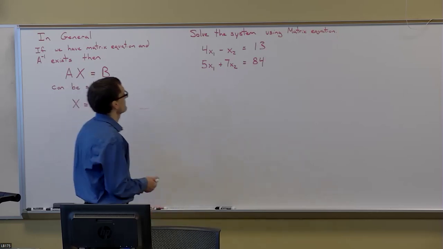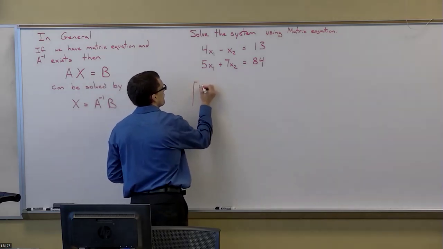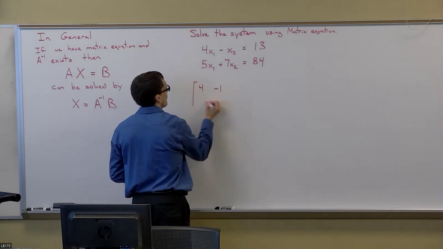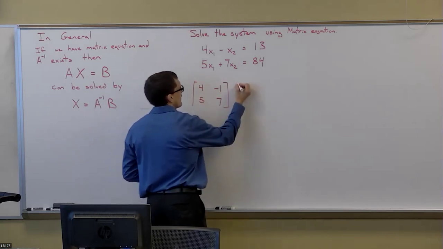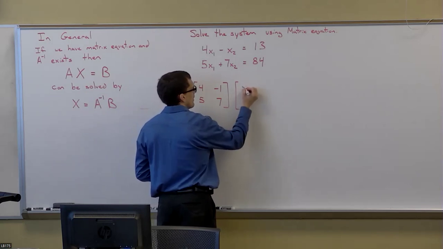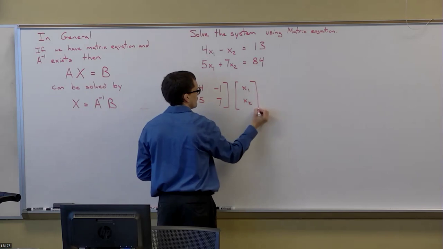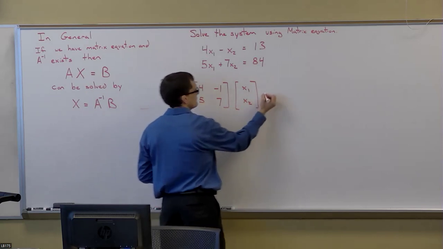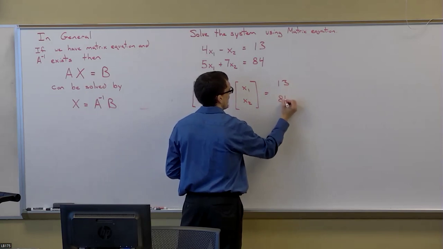All right, so let's set these up. We go 4, -1, 5, 7 times the x1, x2 matrix set equal to 13, 84.